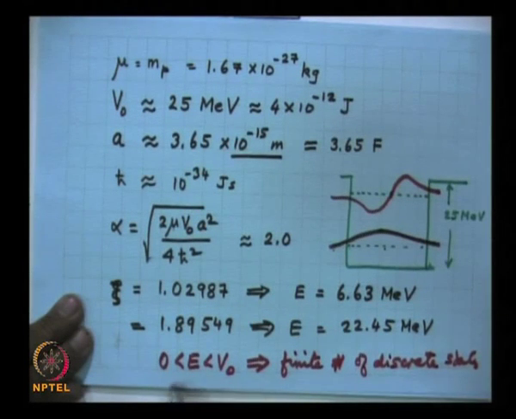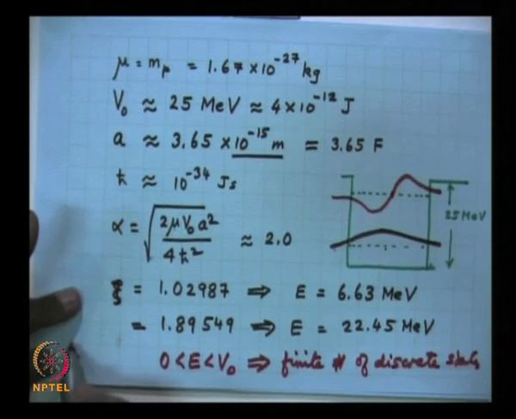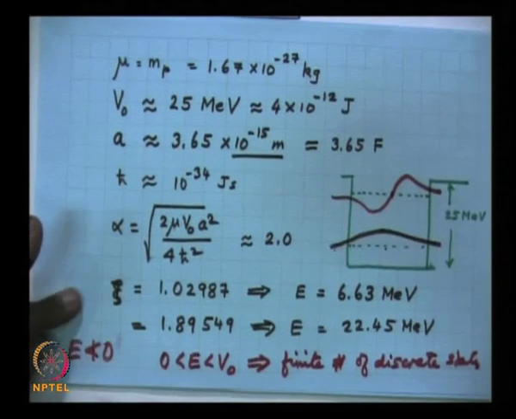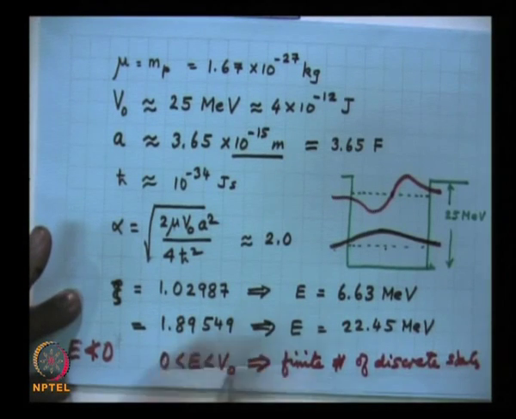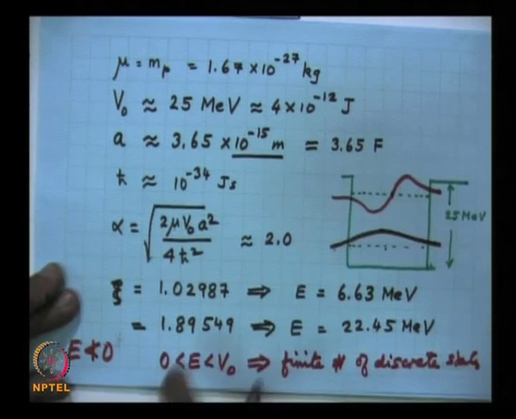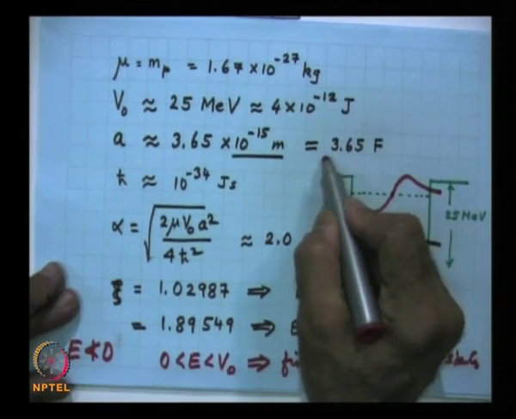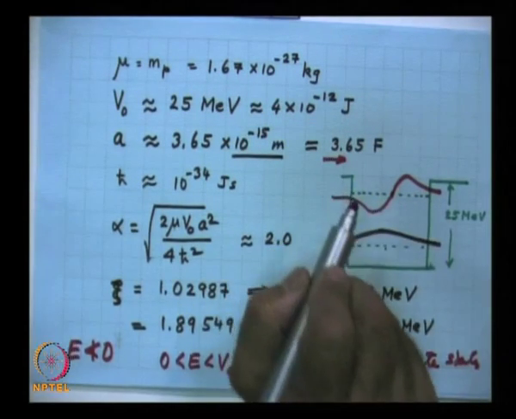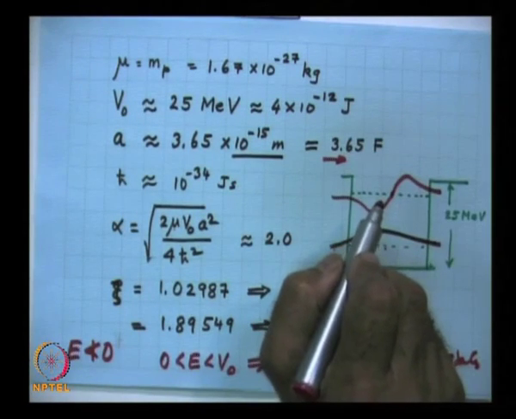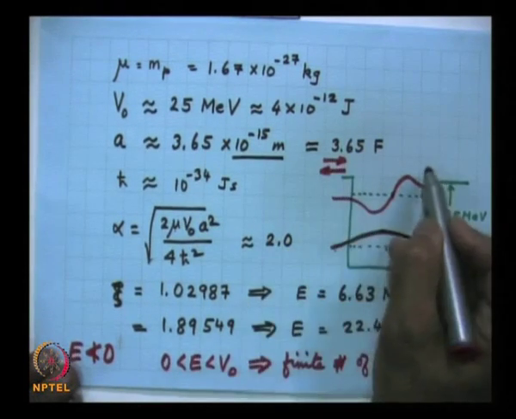E can never be less than 0, the minimum value of the potential energy, because no condition can be satisfied. E can of course be greater than 0. Then once again you will have a particle which comes in from the left and will get reflected and get transmitted.